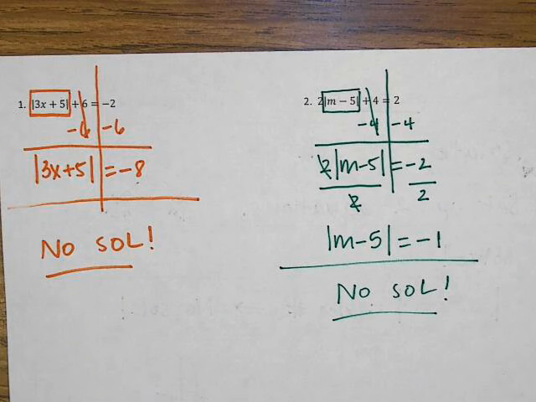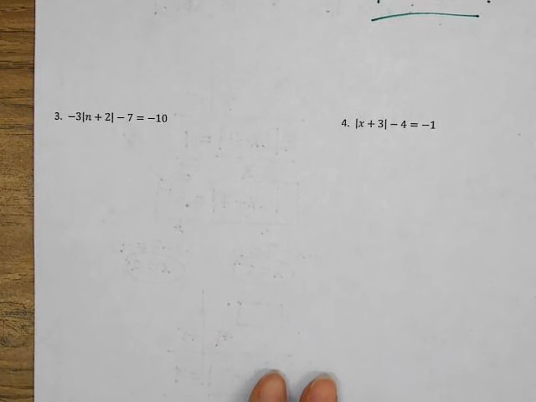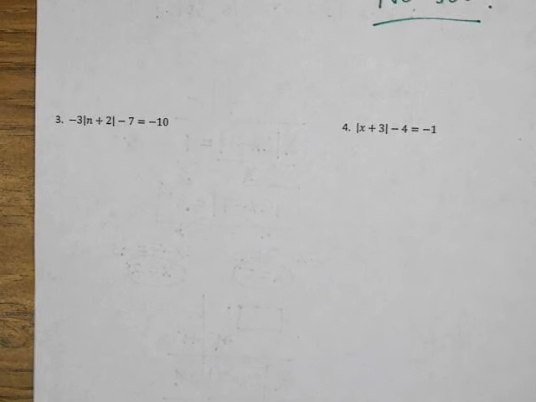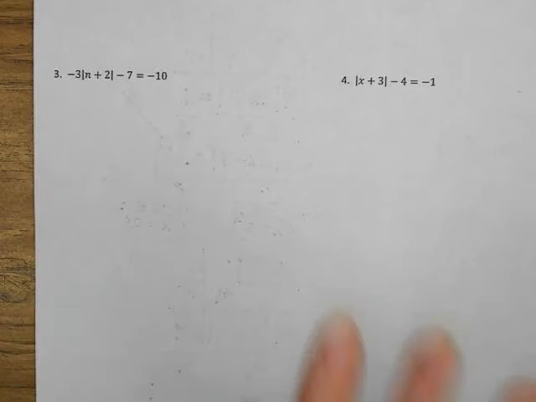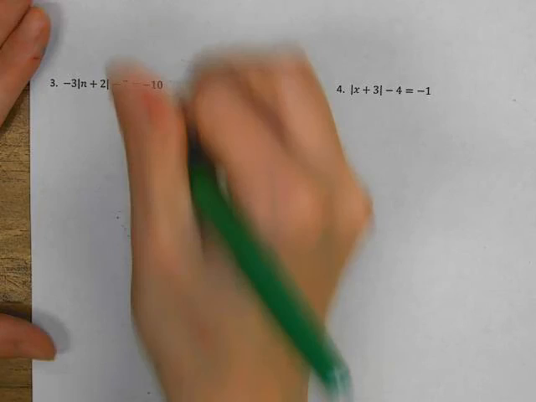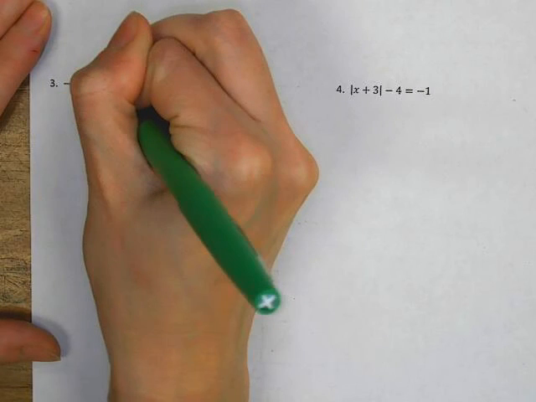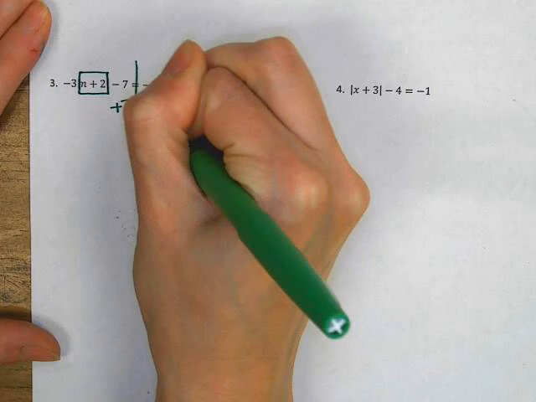And then let's try, I think the next 2 are ones where you are going to be able to solve it. So we can try 1 or 2 of these. Same thing, always isolate first. So draw your wall, and if you're going to isolate, you're going to add 7. Add 7, add 7.